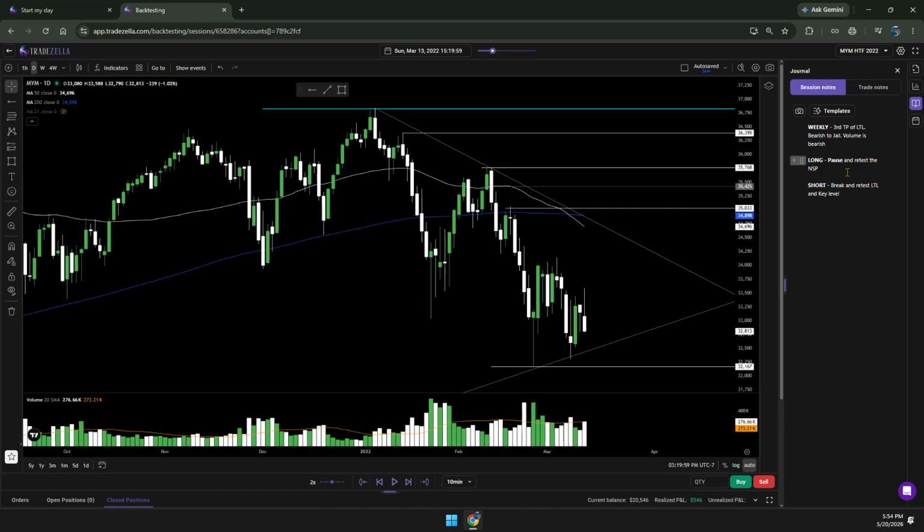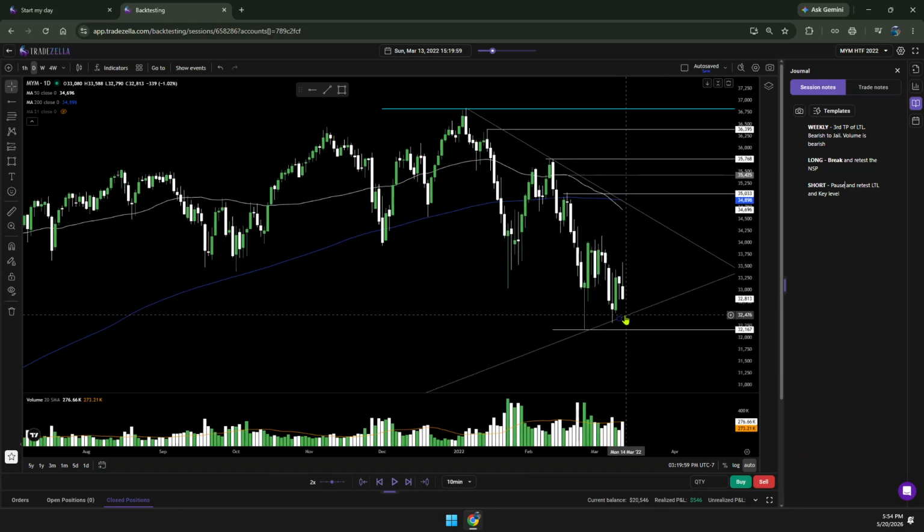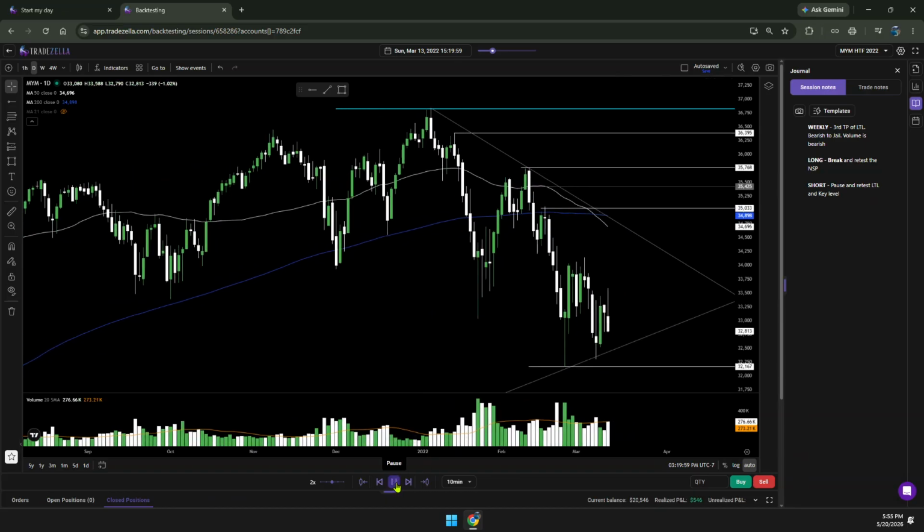So we're going to do pause and retest. And no, not retest the narrow state position. Oh wait, that's for a long. Yes, for a long we wanted break. I'm sorry. Short, we want break. We want the pause and retest. Pause and retest, lower trend line and key level. All right, let's see what we get.